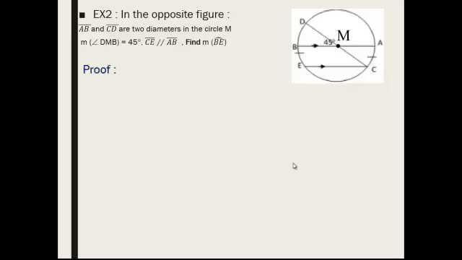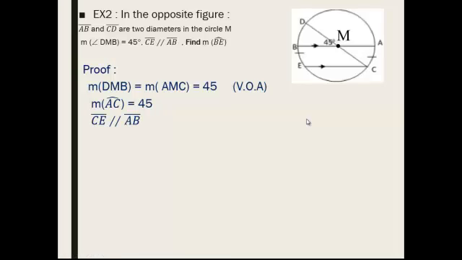Since the measure of angle DMB equals the measure of angle AMC equals 45, vertical opposite angles, and AMC is a central angle, therefore the measure of arc AC equals 45 degrees. Since CE is parallel to AB, the measure of arc AC equals the measure of arc BE equals 45 degrees.